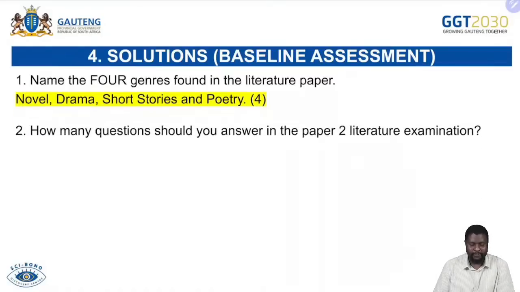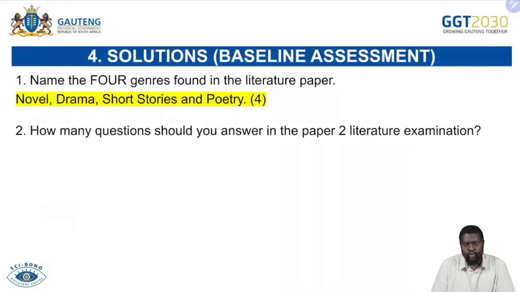Right, number 2, how many questions should you answer in the paper 2 literature examination? Now remember, grade 12, this information is very important because you have spent hours and hours studying during the course of the year. But if you make the wrong choice in these questions tomorrow, you will not do well, and we want you to do well in this examination.